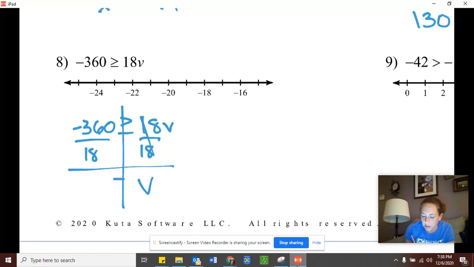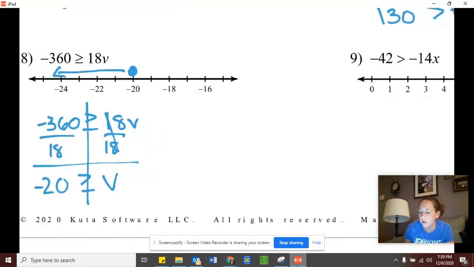So I will get b is less than, I'm saying it in a confusing way. Anyway, so I've got negative 20 with a line under it, so I'm going to close my circle. And then the mouth is eating the negative 20, so that means all of my answers are smaller. So I'm going to go to the left. Okay? Cool.